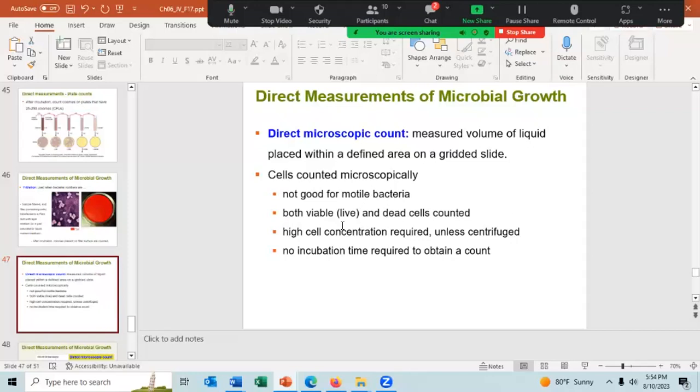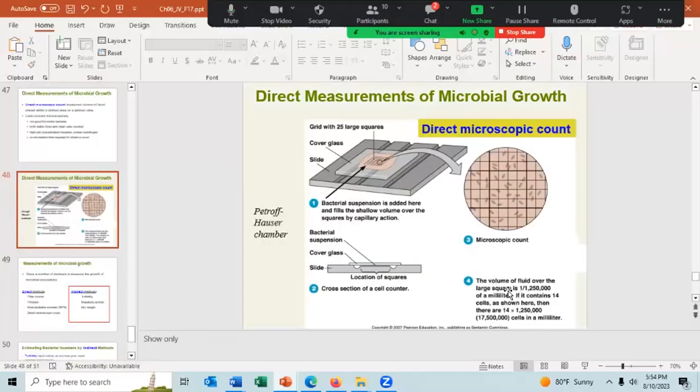It does require a high cell concentration, but you can centrifuge the cells to increase the concentration. No incubation time is required. That's one advantage of this, but it does take someone to count it. So for the poor person who's got to count it, it's a little tedious, but it's pretty quick too.